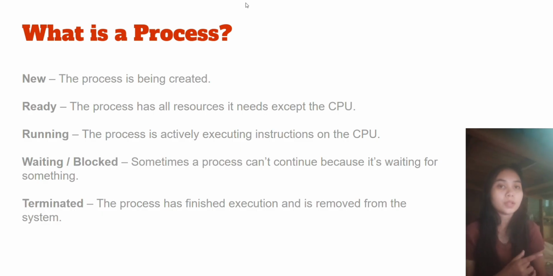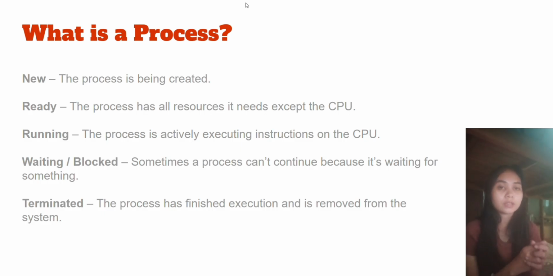For example, when you double-click on an application, yung operating system will start building the process structure. Next is the ready state. The process has all the resources it needs except sa CPU, so it's in line, waiting for its turn to execute.